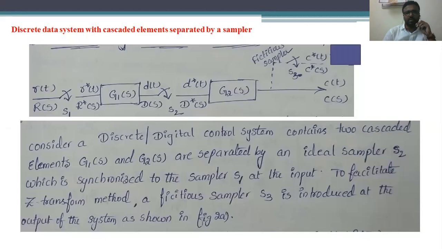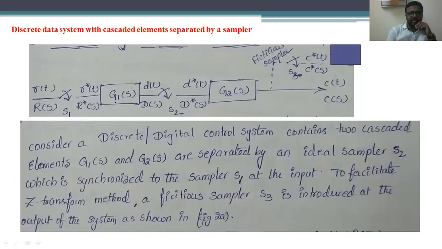So this is the diagram which represents the discrete data systems with cascaded elements separated by a sampler.